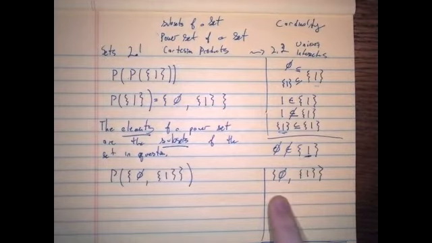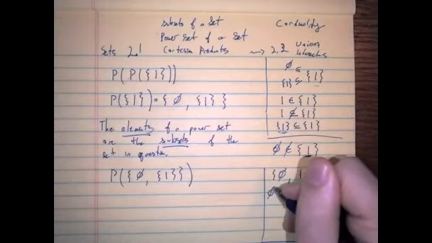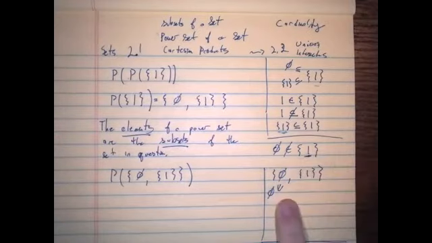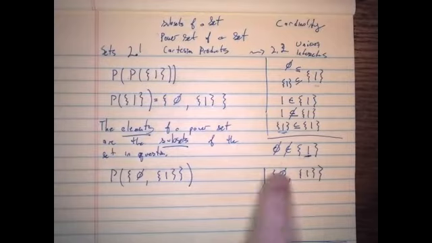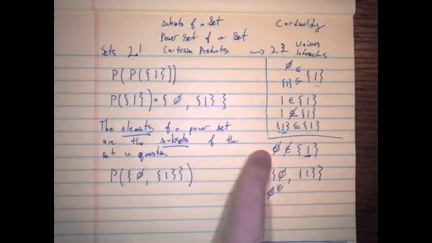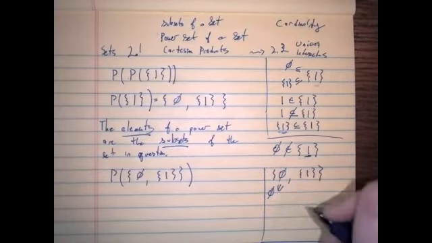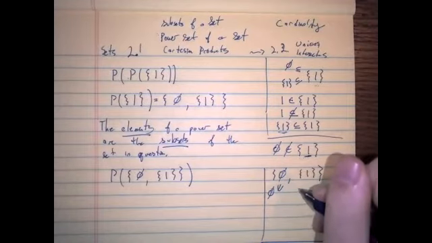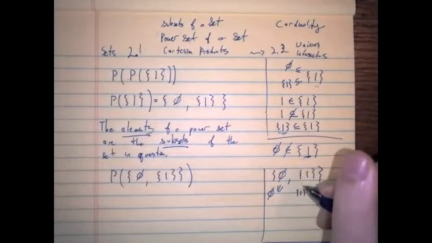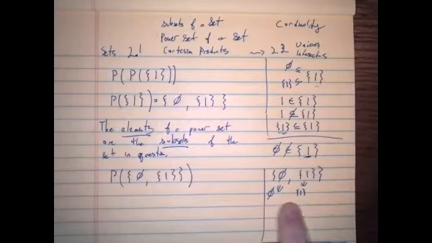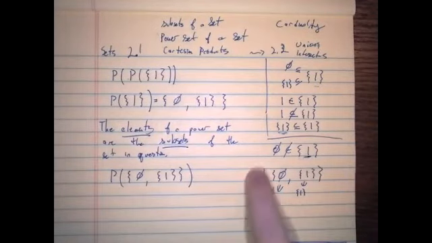Right, there are 2 elements in this set. The empty set is an element, and the set 1 is an element here.